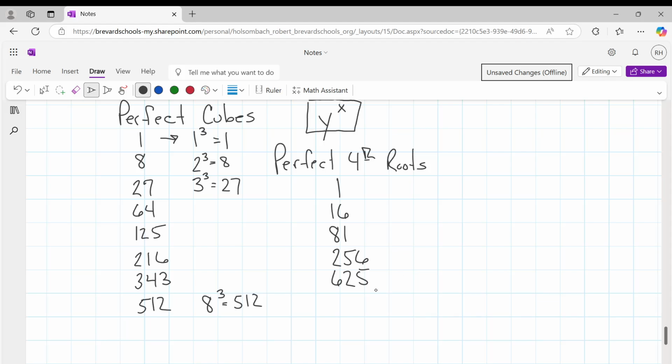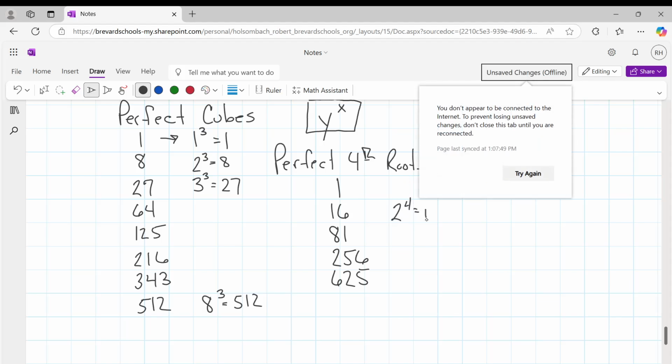Same with these perfect fourth roots. 1 is a perfect root, but you don't use it because everything's divisible by 1. So 16 is a perfect fourth root because 2 to the fourth equals 16. And 3 to the fourth equals 81. 4 to the fourth, that's equal to 256. And 5 to the fourth, that's equal to 625.